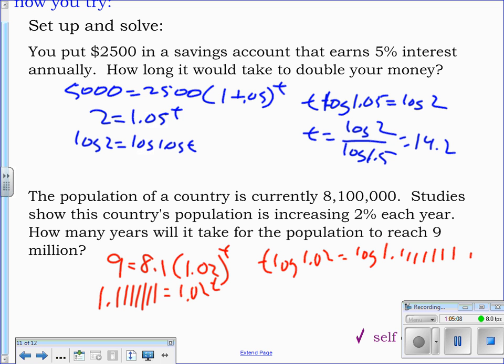Don't round it off. Leave lots of decimal places. Go more than you need to while you're working the problem, so you don't have a round off error by rounding off too soon. Divide by log of 1.02. T equals the log of 1.111111 over the log of 1.02, and we're doing this in record time. Log of my answer divided by log 1.02. It'll take 5.32 years.